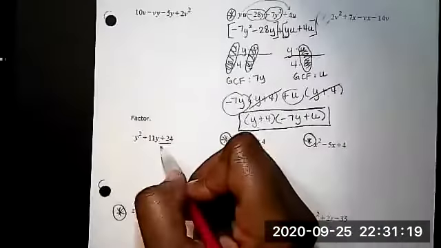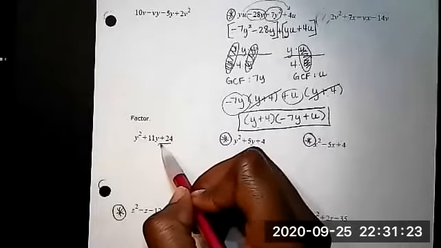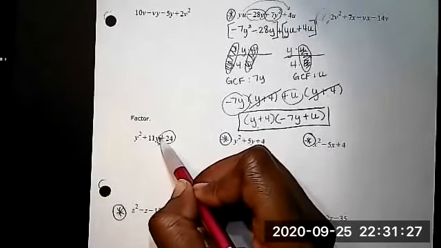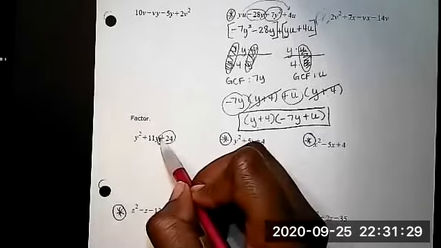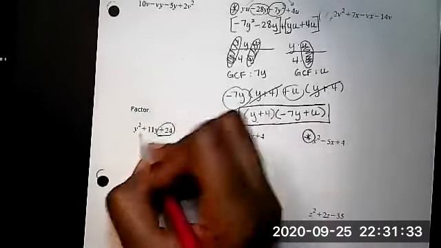And it all depends on what's happening with that middle number. So if I say same or different, you would say this is same. Why is it same? Because this last number is positive. We don't care what the middle number is. Last number positive, meaning that they're either going to be both positive or both negative.